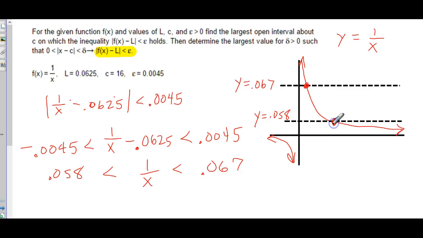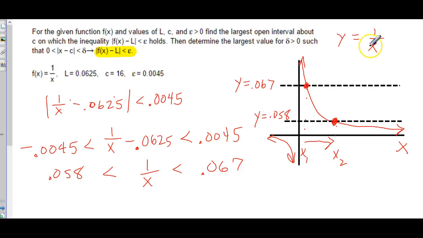Now what do we have to do as far as x goes? For the y value of 0.058, we have to move further out in this function. What do these x coordinates have to do? The one that corresponds to 0.058 would have to be further out.